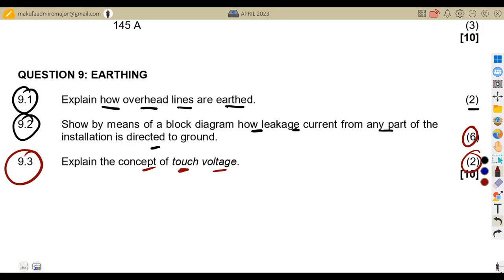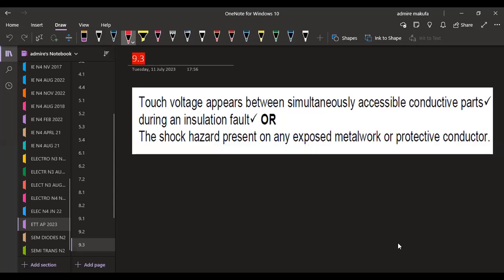The shock hazard present on any exposed metalwork or protective conductor can be the touch voltage, which can appear from the simultaneous accessibility of the conductive parts during an insulation fault. So that is how you refer to a touch voltage in this case.